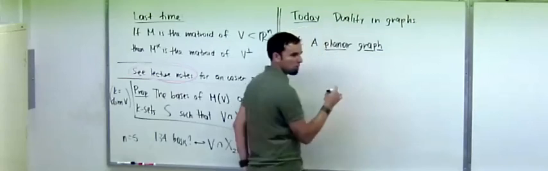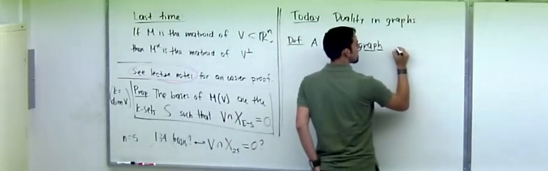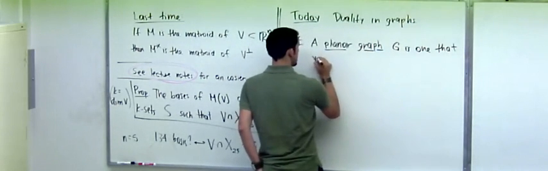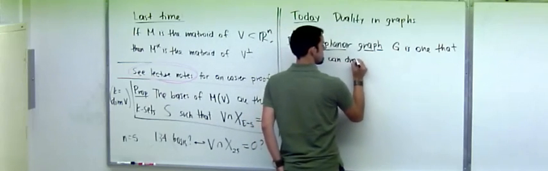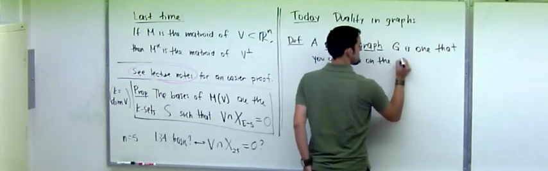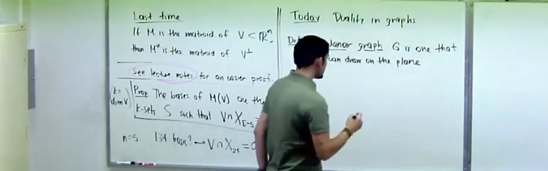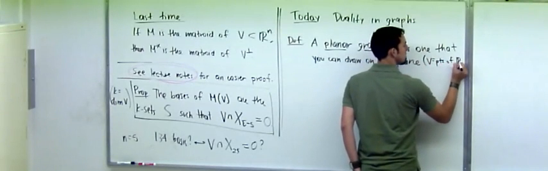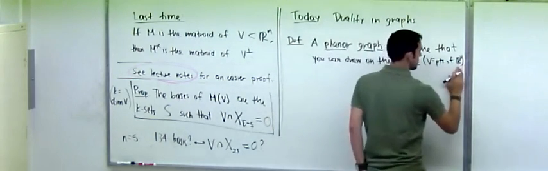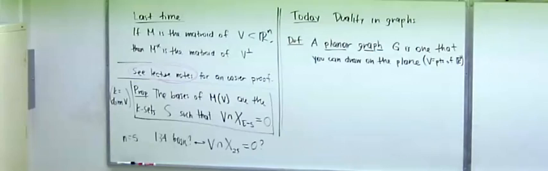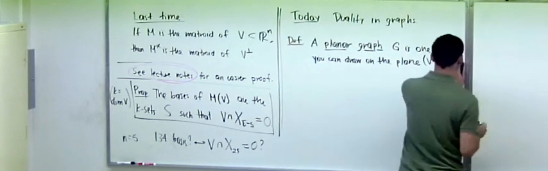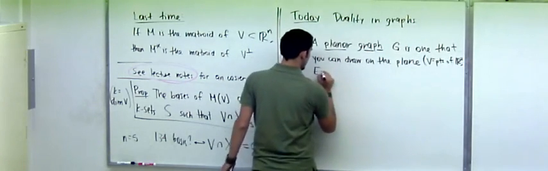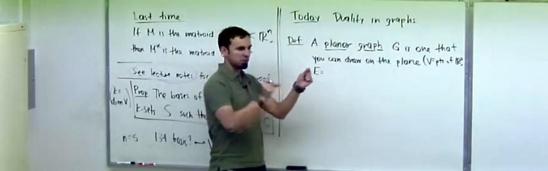A planar graph is one that you can draw on the plane, so that vertices are points of R2 and an edge is going to be a continuous curve between the two vertices.